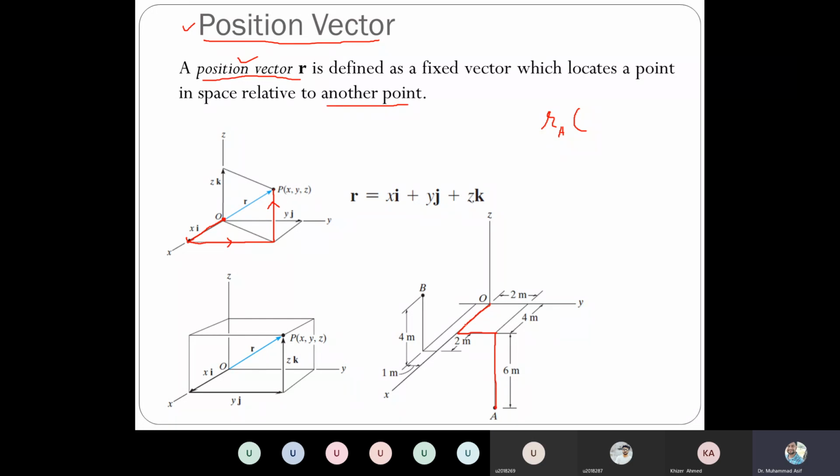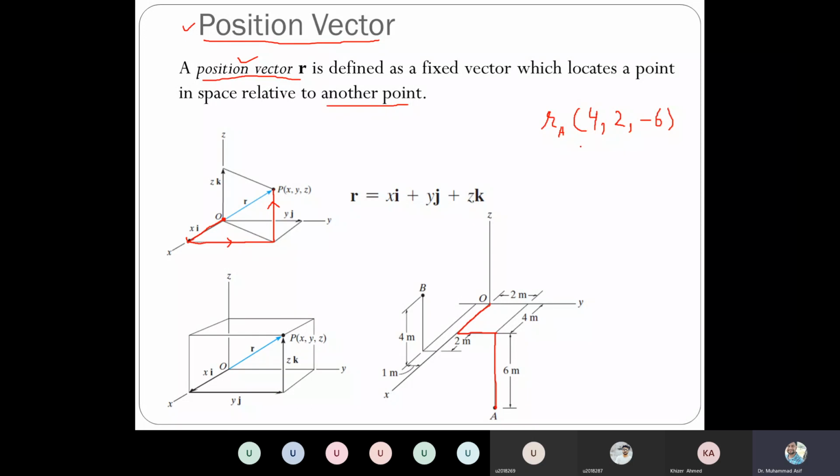So how much is the distance in the x-axis? 4, because this is parallel to this one. So 4, comma, how much is in the y direction? 2. So 2, and then how much is in the k direction? Minus 6. So this is the position vector of point A. We can also express this position vector in terms of i, j, k.